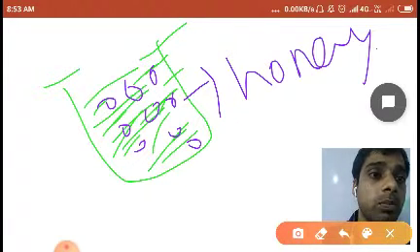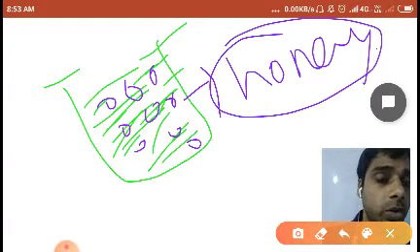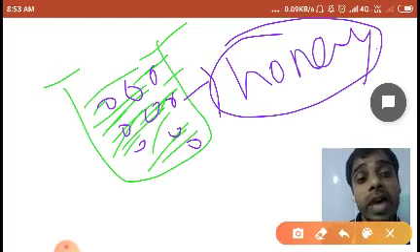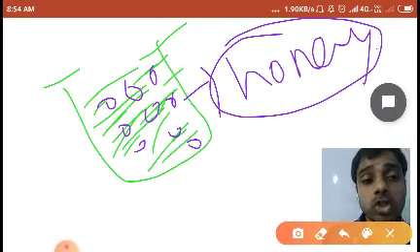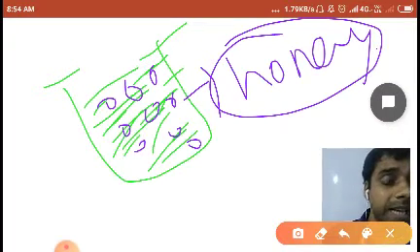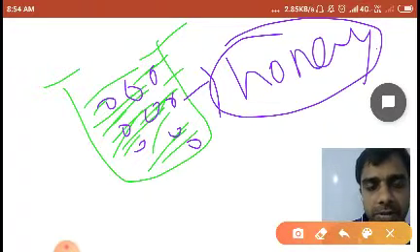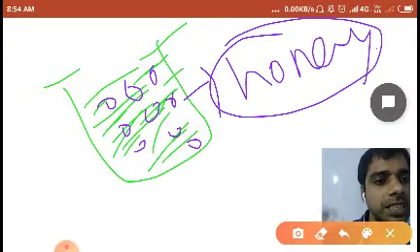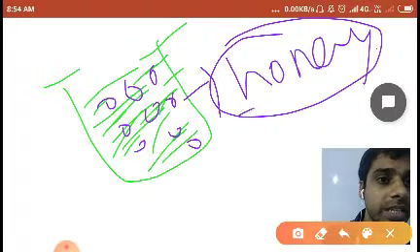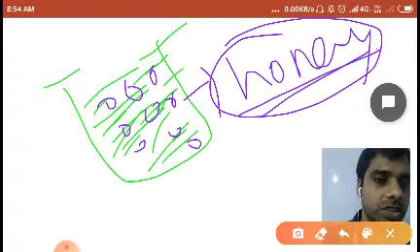Honey has a large amount of sugar, and that is a case of a supersaturated solution, where when we have given lots of heat, more sugar can be added. But when I stop giving heat, that sugar will remain dissolved in that liquid. So that is the condition of a supersaturated solution.